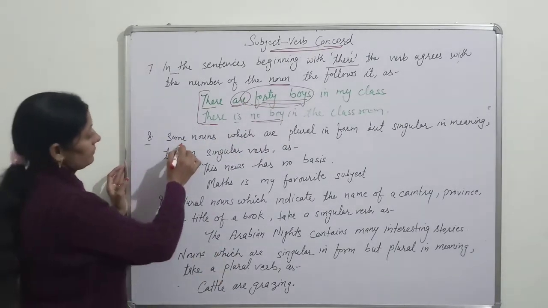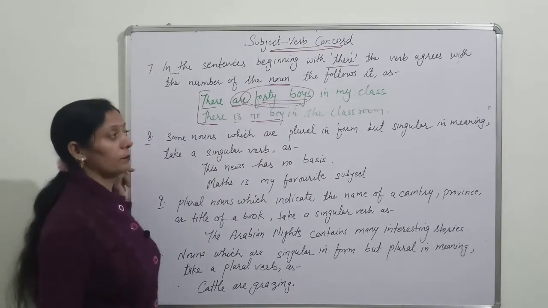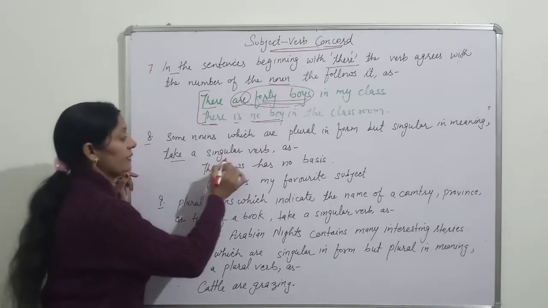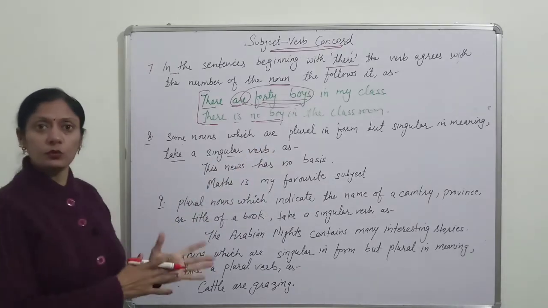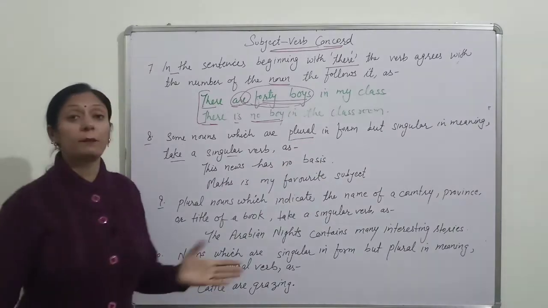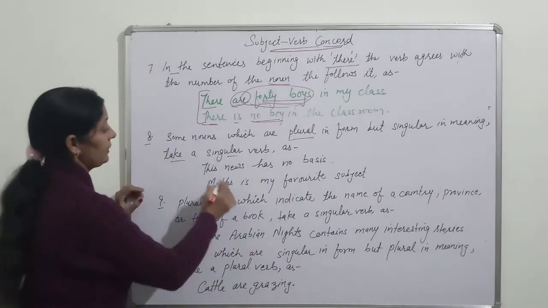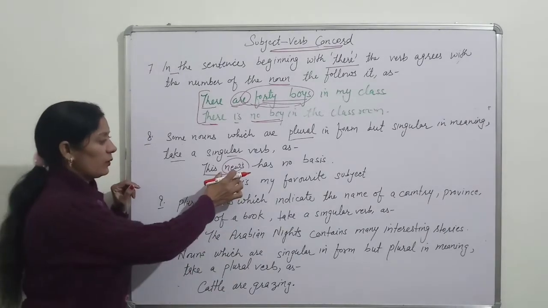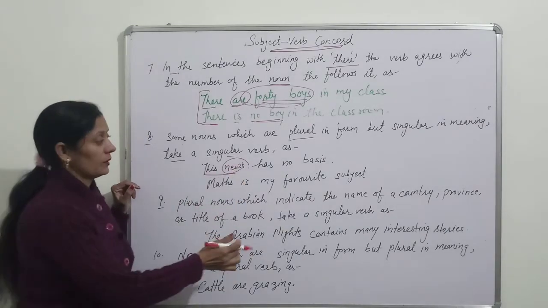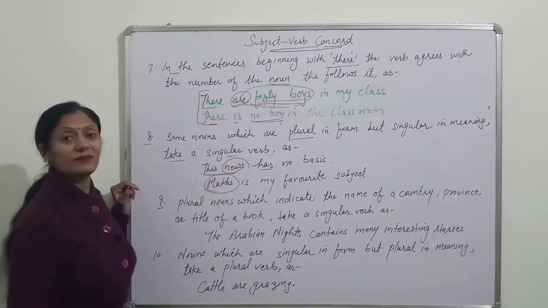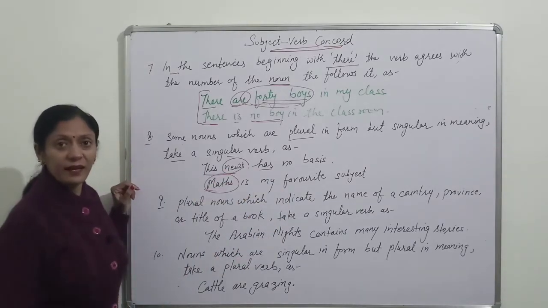Next number. Some nouns which are plural in form but singular in meaning take a singular verb. For example, news. When we read this word, it seems it's plural, but it takes a singular verb. Mathematics, S is at the end.